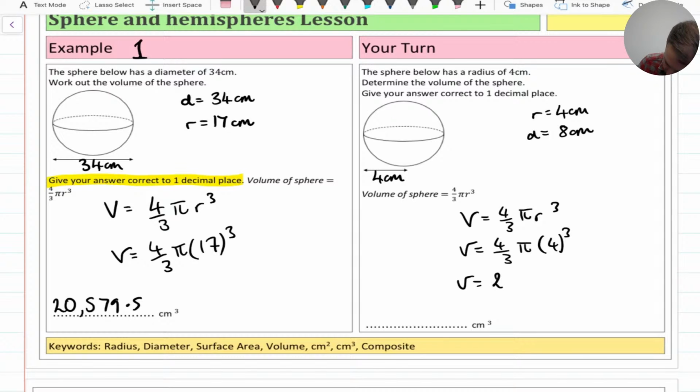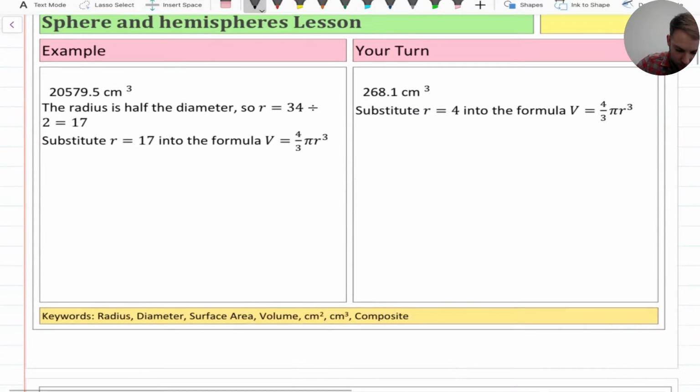So the full answer is 268.08257. So we're going to need to round this after 1 decimal place, which means it's going to be 268.1 centimeters cubed. Brilliant. Hopefully everyone got that. So there's our two answers.